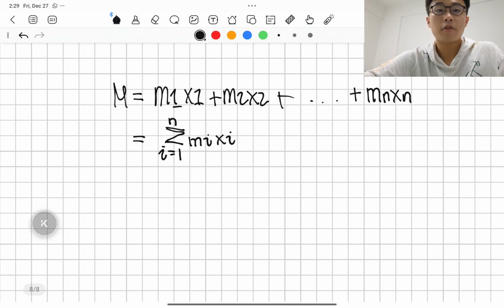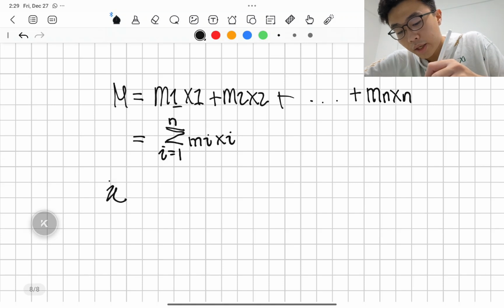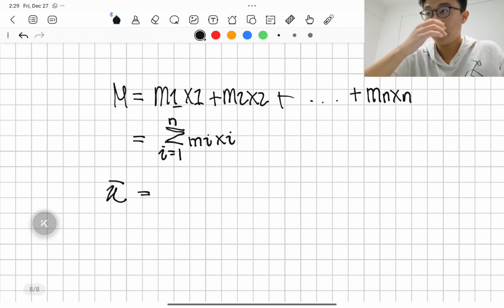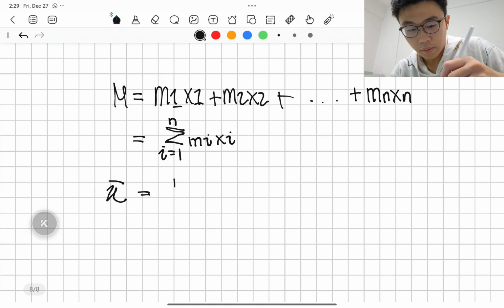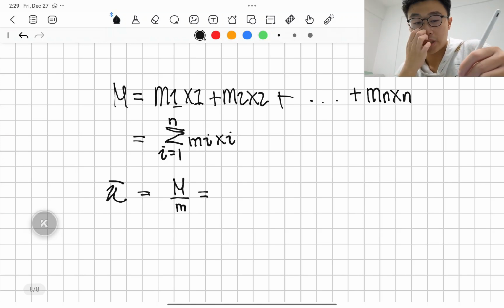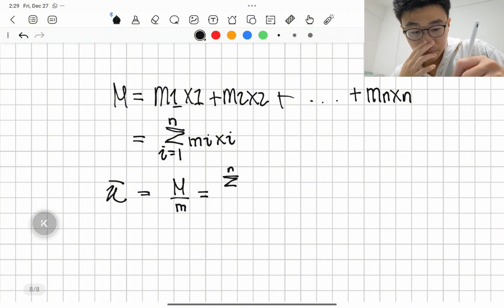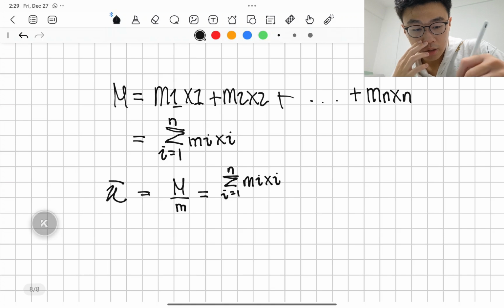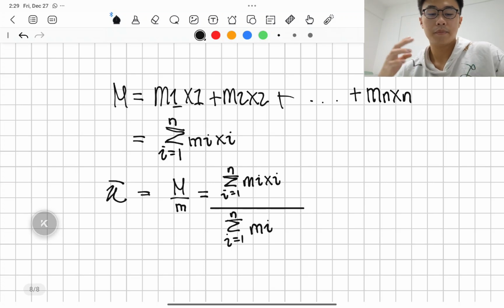For the center of mass, I will represent it by this notation. It's the total moment over the total mass, which is the sum of mi xi over the sum from i equals 1 to n of mi.